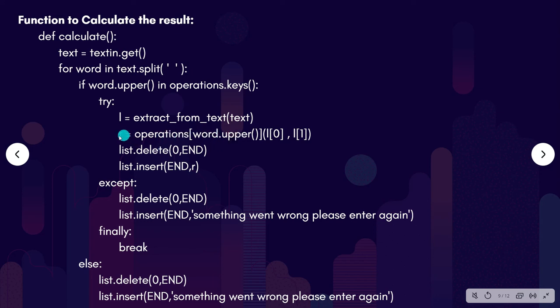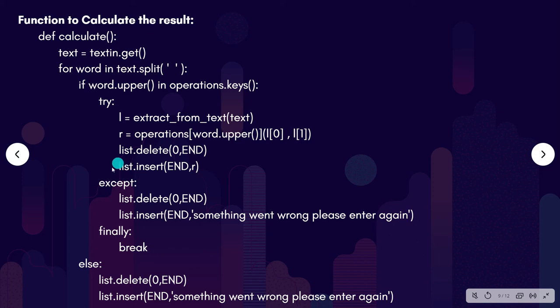Now we have the actual output in the R variable, and it's time to display it in the list box. So first we will delete everything from the list box from 0 to end. So we will use list.delete and then give 0, end. And then we will insert this output at the end. So we will use list.insert and then give end, R. That is the output.